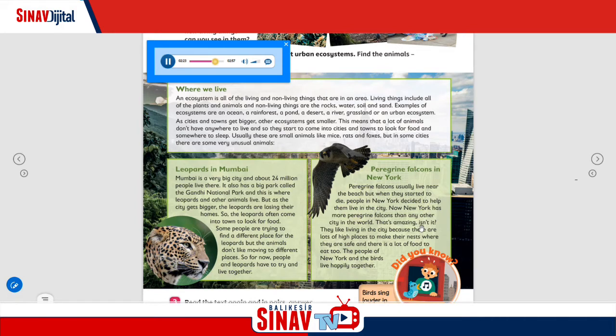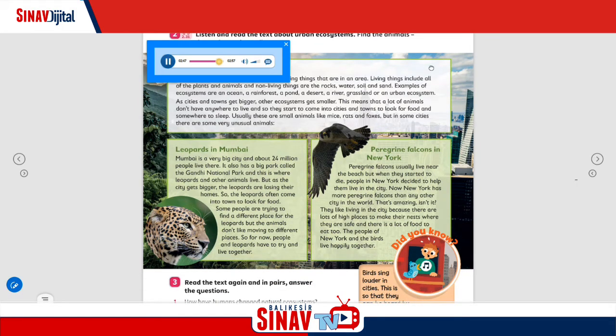They like living in the city because there are lots of high places to make their nests, where they are safe, and there is a lot of food to eat too. The people of New York and the birds live happily together. Did you know? Birds sing louder in cities. This is so that they can be heard by other birds. They are talking.